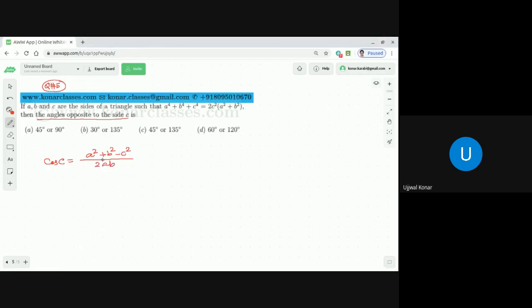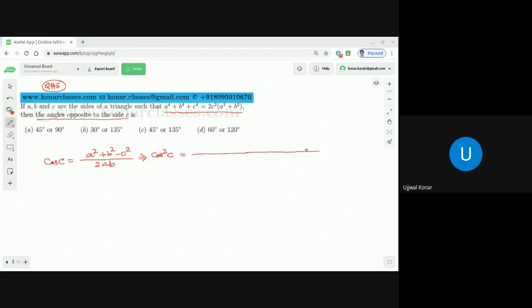So now let's do one thing. In the given relation we see a power 4, b power 4, c power 4 is there. So let's square both the sides. If cos C is equal to this thing, then what will be cos square C? Cos square C will be the numerator squared, that is (a square plus b square minus c square) whole square.